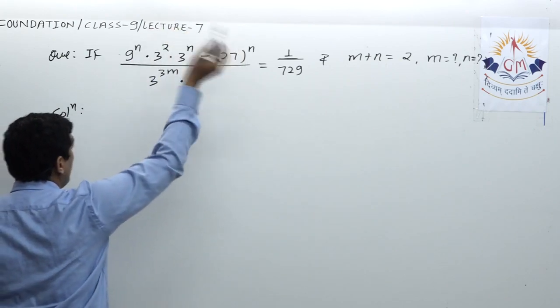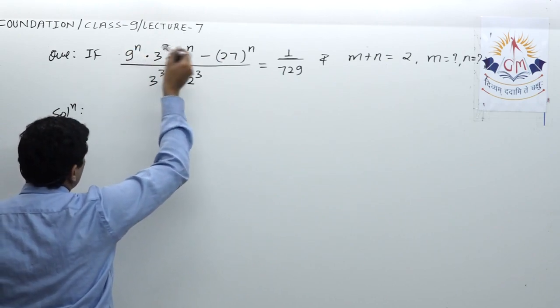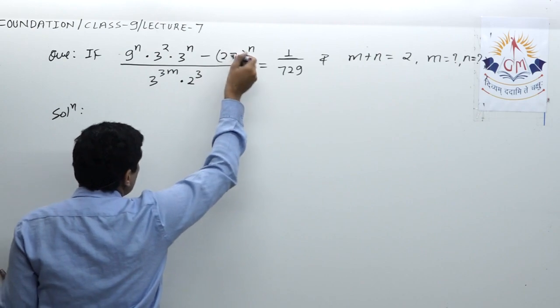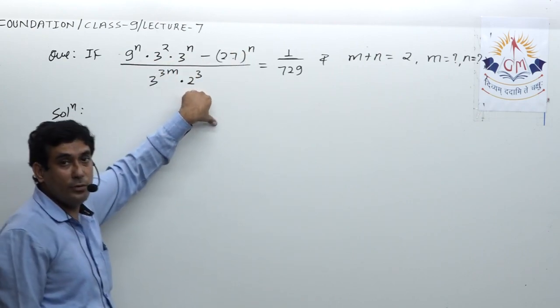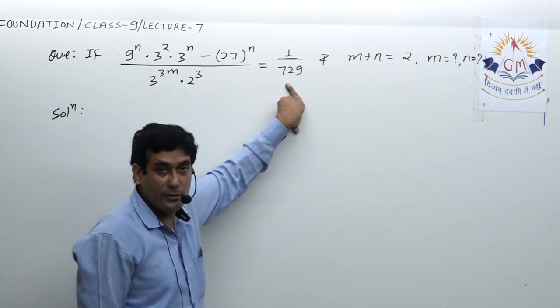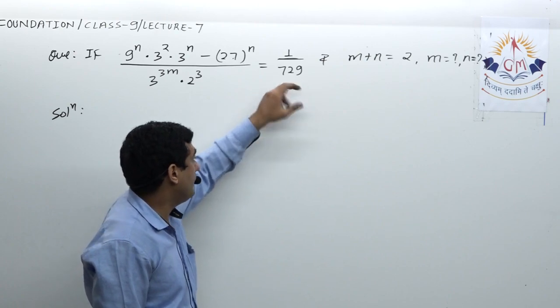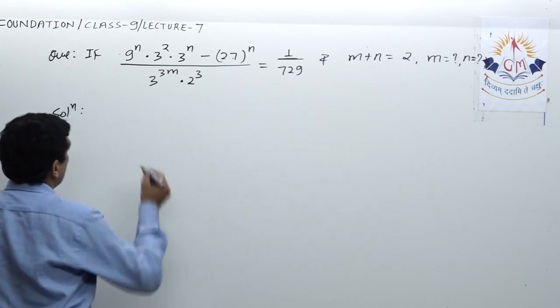So one thing more that you can see here, it is in the form of 3, that is 3 square, this is again 3 square, 3 raised to n, 3 cube, 3 raised to 3m, only this 2 cube is not having base 3. Here again this can be written in the base of 3. So let us start solving this.